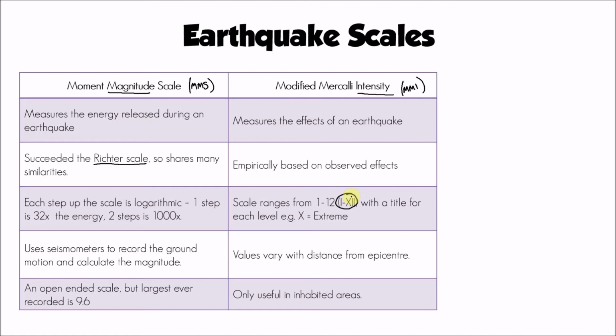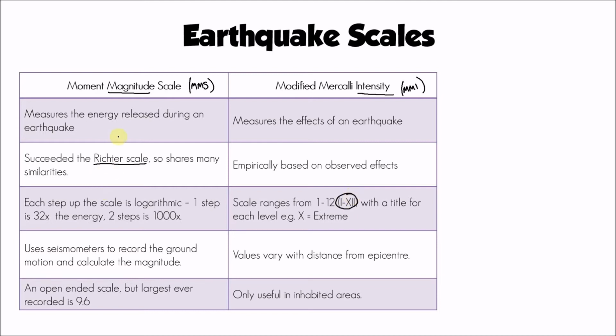Now, the values of this measurement are going to vary with distance from the epicenter. So closer to the epicenter, the shaking is going to be more intense because you're closer to where that energy has been released. And then the further away from that epicenter you go, the less extreme or violent that shaking is going to be. So the values might actually vary from place to place within the same earthquake.